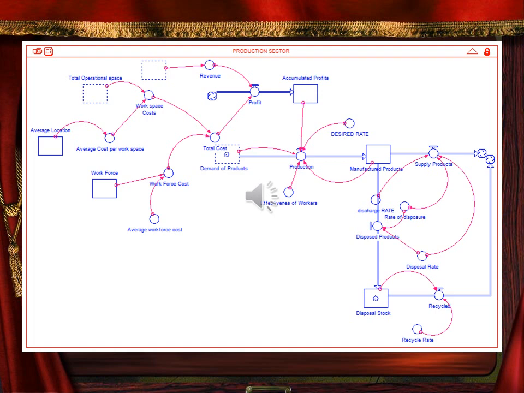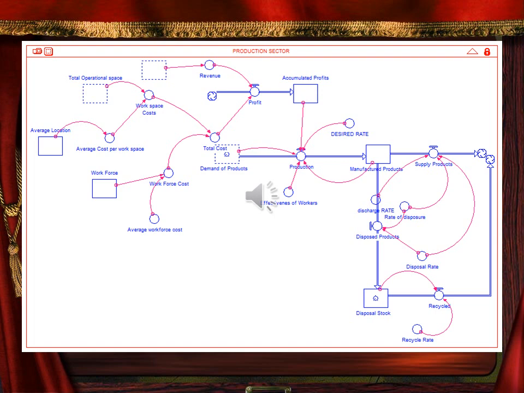So the statistics provided in the write-up have been incorporated into the stocks. You are seeing the stocks for information are the ones in squares, converters in circles, the flows are the ones represented with arrows, and the red arrows are links connecting one entity to another entity.